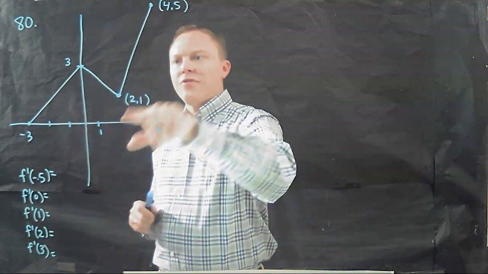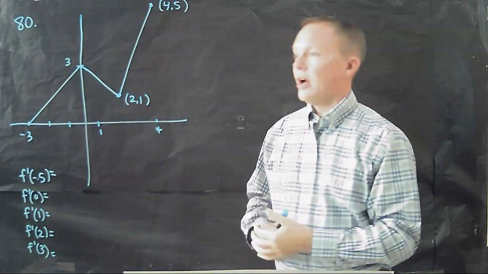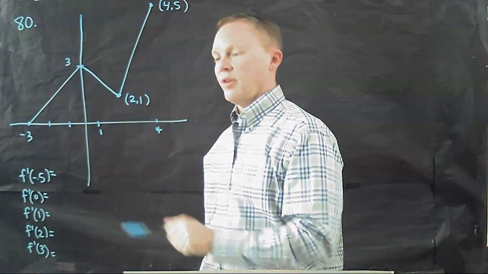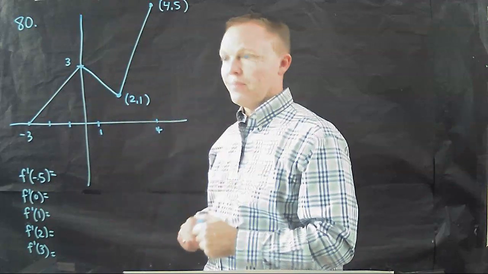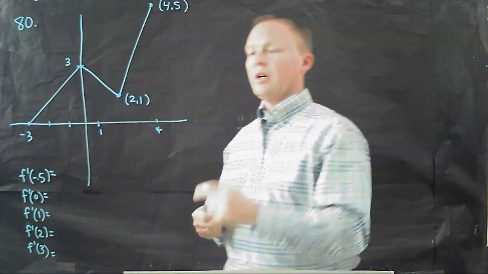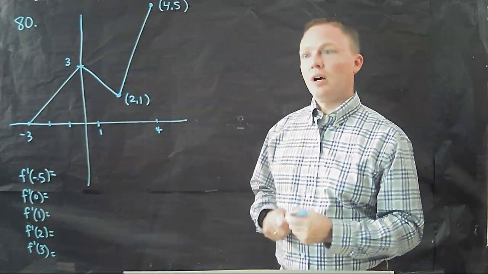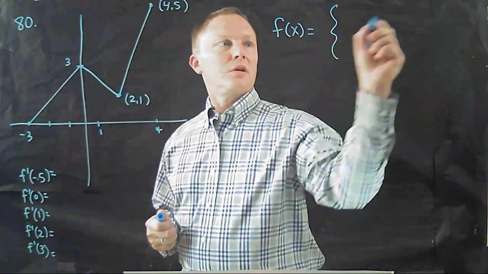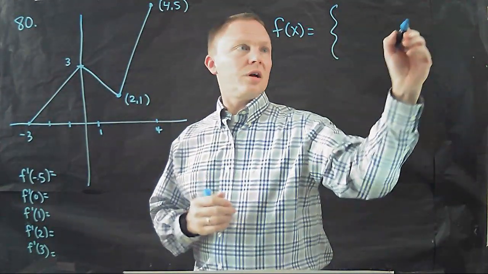You've got this graph of this sort of piecewise function here. It's what we call piecewise linear. It's actually three different linear functions put together. Back in Algebra 2 or pre-calculus, maybe you would have had to write an equation for this piecewise function. So you would have probably written something that looked like this, and then you would have had different conditions for x.